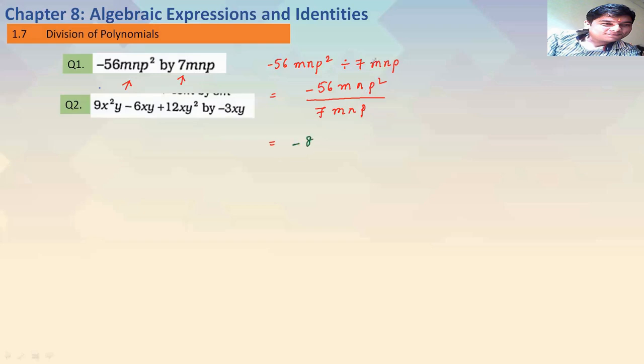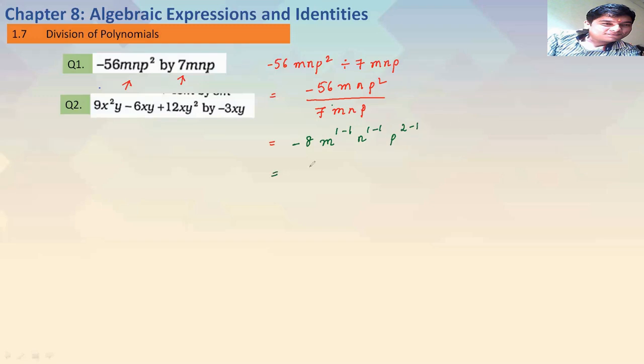So negative 8 MNP. Don't you think that this is going to be cancelled? Or if you want to subtract, let's say m power 1 minus 1, n power 1 minus 1, and p power 2 minus 1.